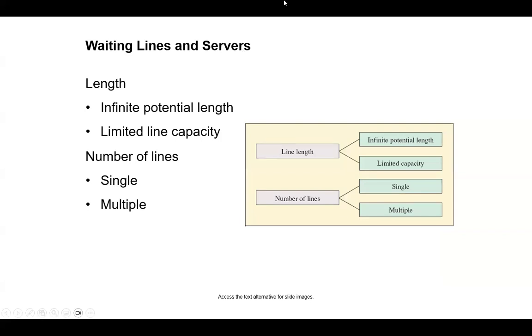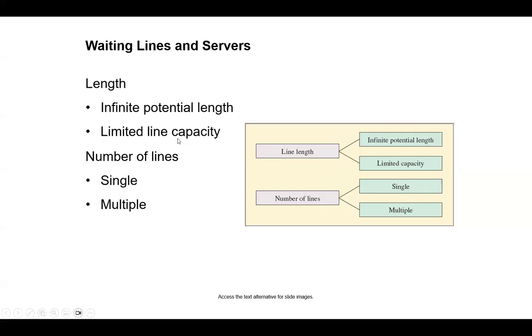So for in the system, we consider 3 factors. The first one is about the waiting lines and the servers. We may need to consider the line length, the waiting line length, as well as the number of lines. So we have a single line, and we have multiple lines. And when we consider the length, we actually consider the capacity.